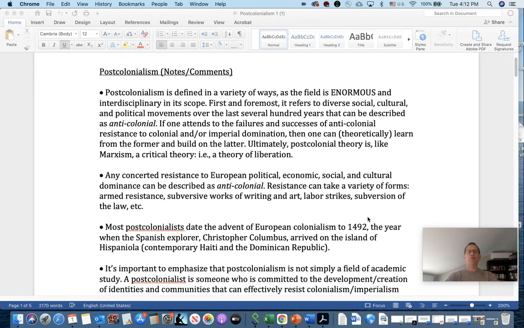Any concerted resistance to European political, economic, social, and cultural dominance can be best described as anti-colonial.